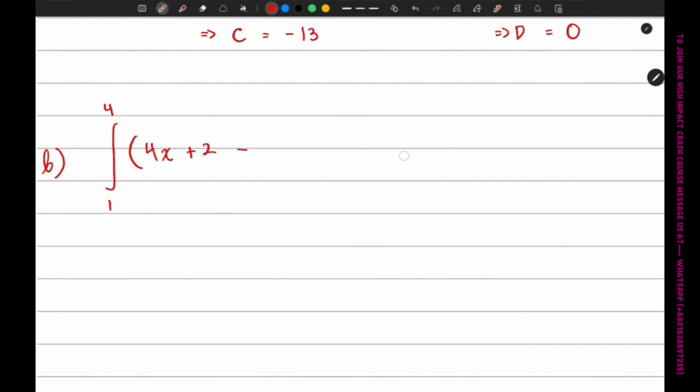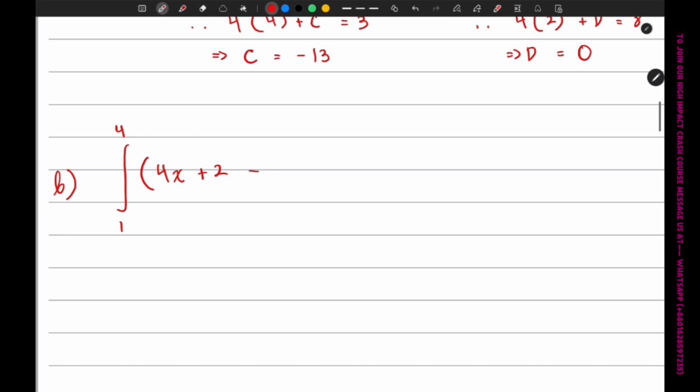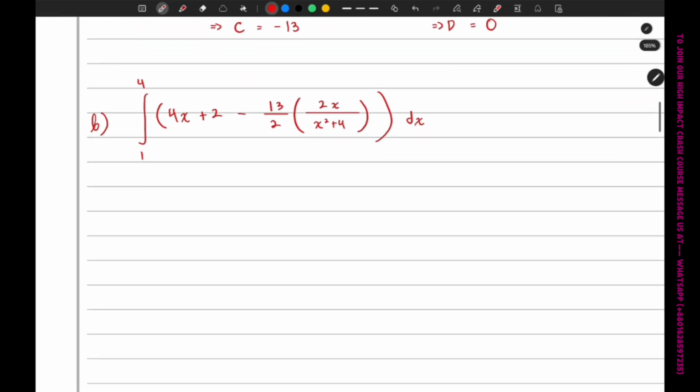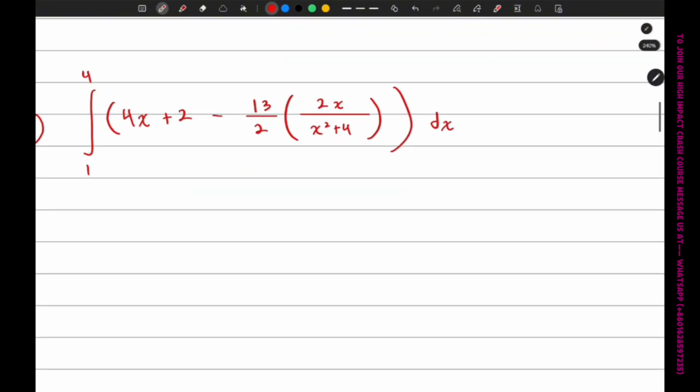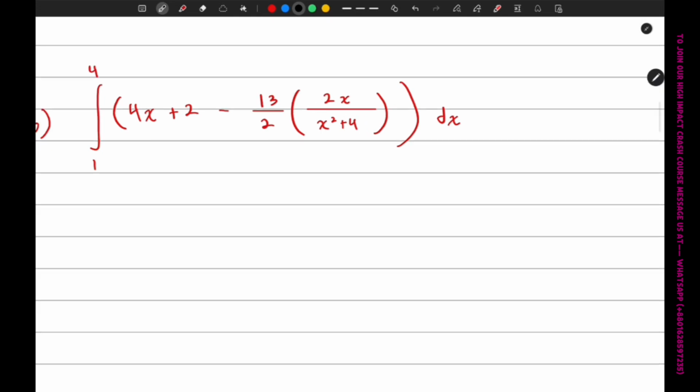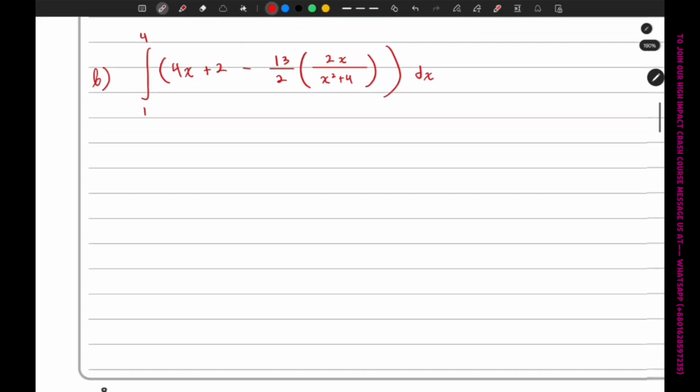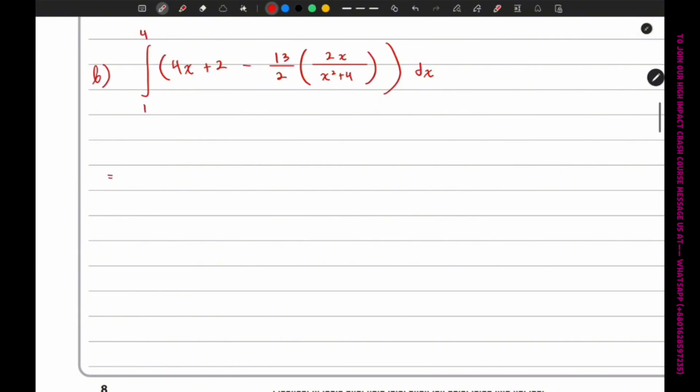So what we can do is write this as 13 over 2 times 2x over x squared plus 4 dx. Now we can easily integrate this, because if you multiply 13 over 2 by this fraction, the 2 cancels out and there's only 13x over x squared plus 4 remaining. Alright, now let's integrate this.